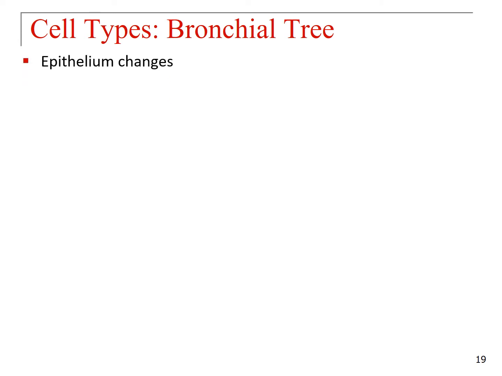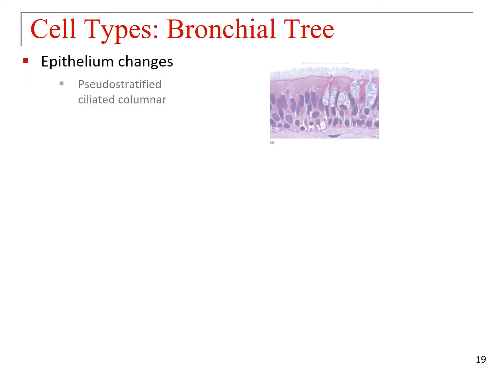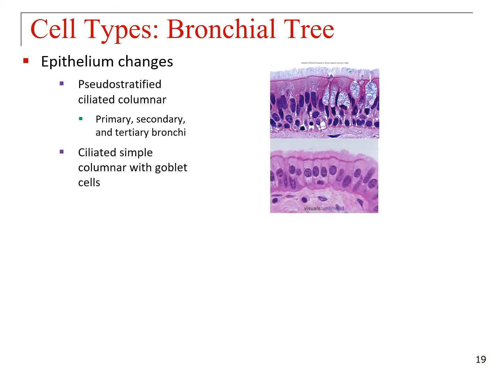Okay, so the cell types change in the bronchial tree. The epithelium will actually change. And so in the trachea, you're going to have pseudostratified ciliated columnar epithelium. And this is going to be in the trachea, in the primary, the secondary, and the tertiary bronchi. As you move down further generations, you're going to have ciliated simple columnar epithelium that has goblet cells.